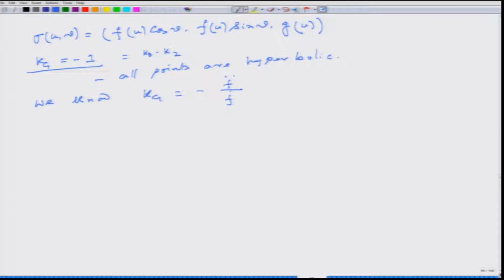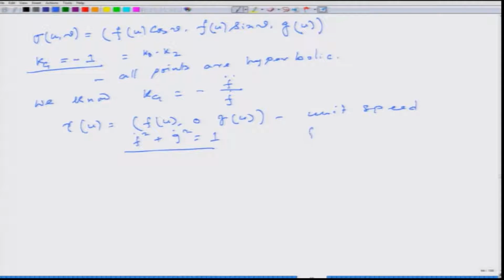This is for our gamma(u) equal to (f(u), 0, g(u)), unit speed, and that means f dot square plus g dot square equal to 1. Dot means derivative with respect to u, right.